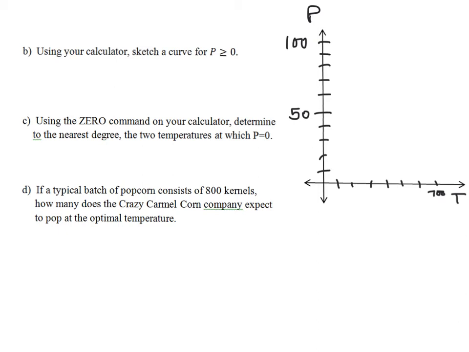In our case, it's only 96. I counted by tens going up that axis. Now you can use your calculator, so I'm going to move on to my calculator screens and then I'm going to come back to this screen so that we can see what the graph is going to look like.